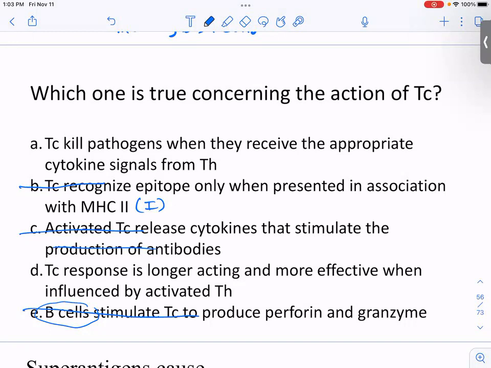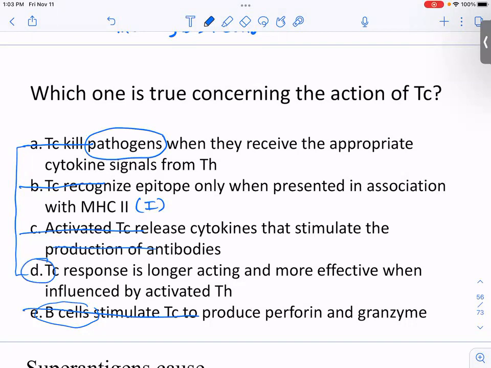So then it comes down to these two, and I almost thought I made a mistake when I read this over again. But the reason that A is not right is because cytotoxic T cells don't kill pathogens. Remember, they are killing our cells that are infected. So they are acting on host cells. So this is correct as well.